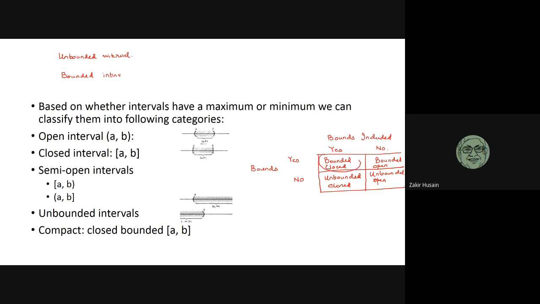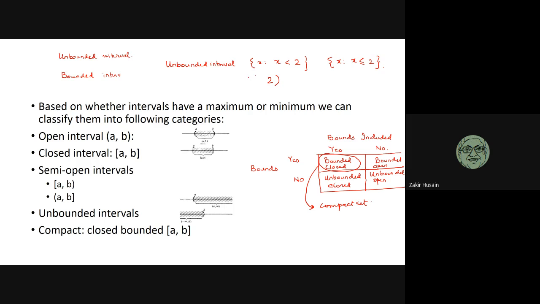So this is a compact set. Let me explain this, that if you have an unbounded interval, I'm just talking about the lower boundary. So we write this as open to.